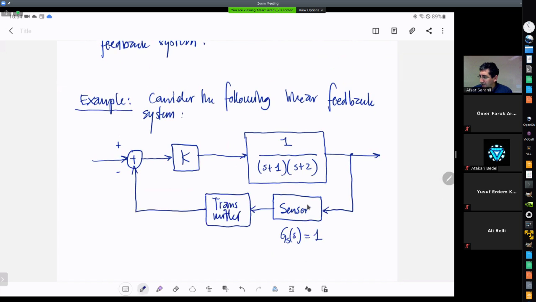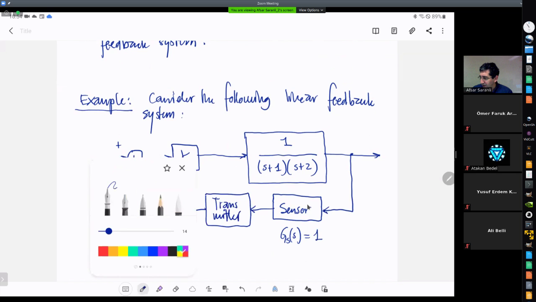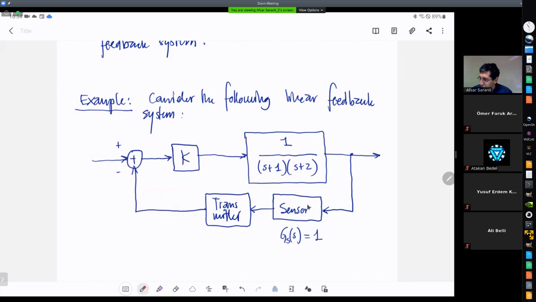So here is our controller. Let me kind of draw the boundaries of the controller. This is my controller. Let me maybe just do some fixes here. Okay. So this is my K. Okay.